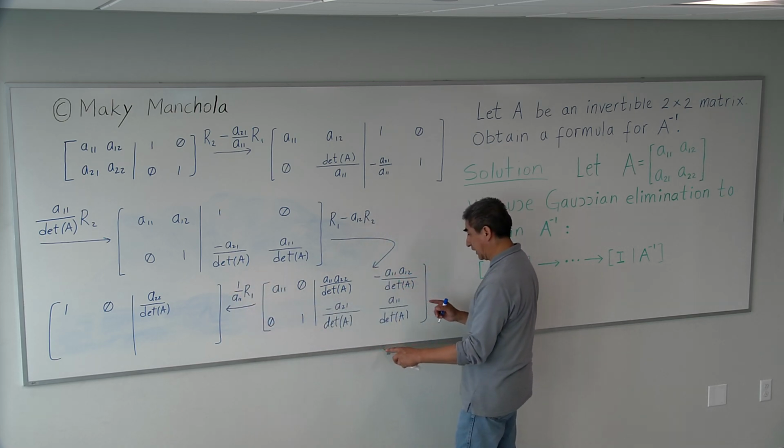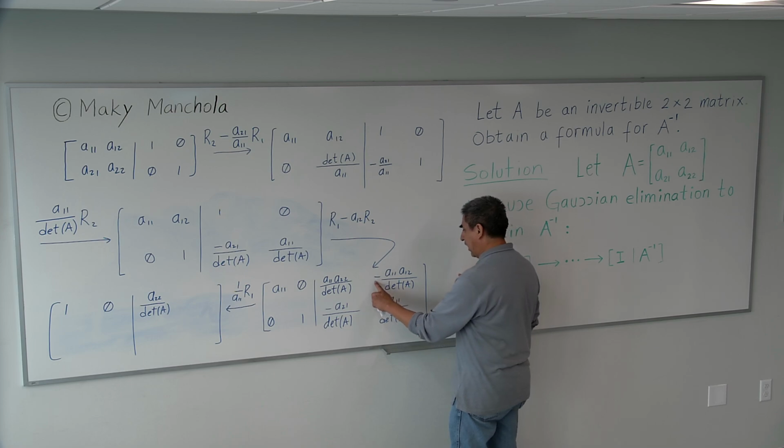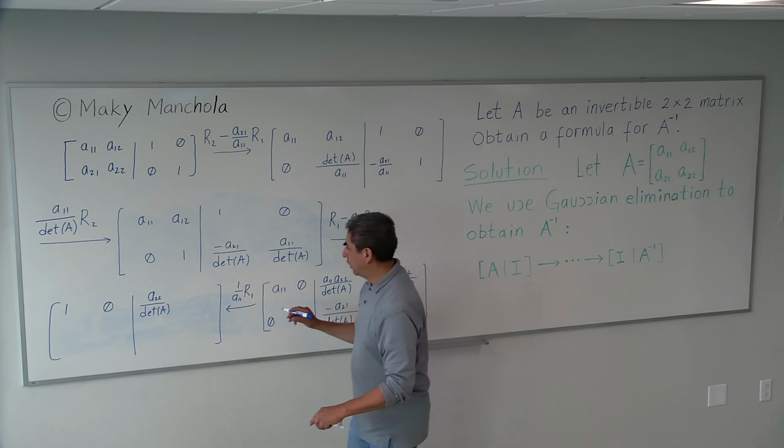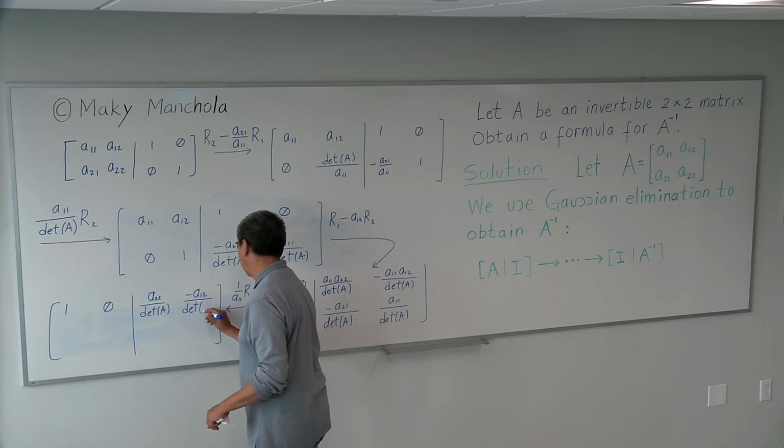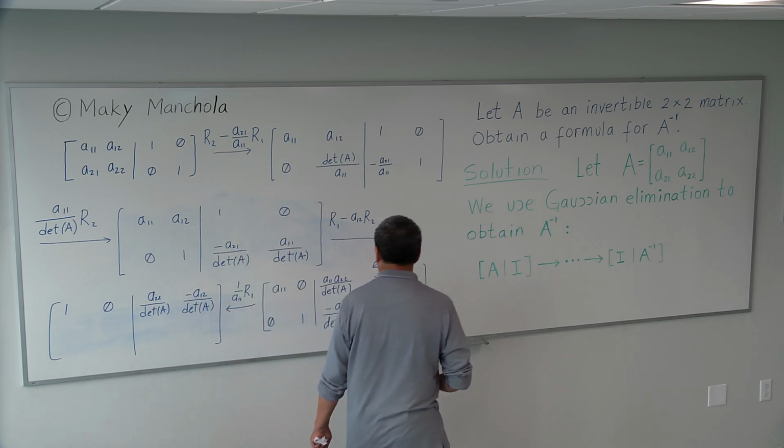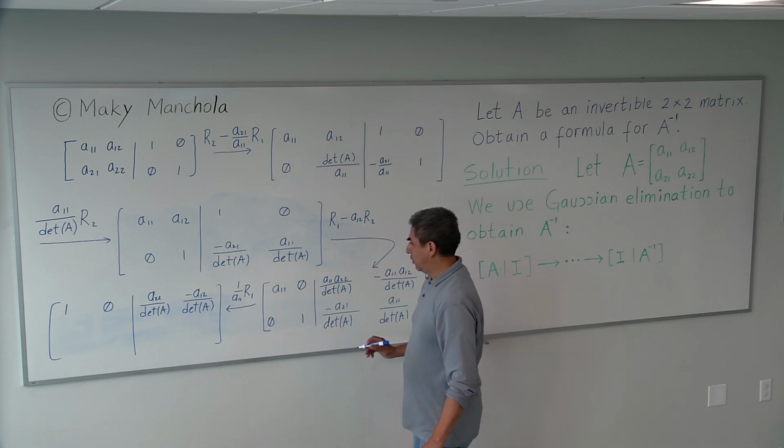So the A11s cancel. We're left with negative A12 over determinant of A.